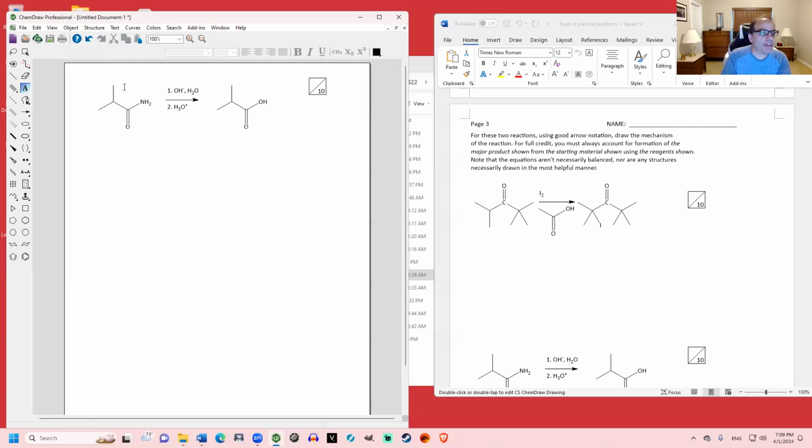So just like we've already said, we're in an alkaline medium. I know that because I'm given aqueous base. So that's an alkaline solution. And in an alkaline medium, typically we start with a nucleophilic attack on the carbonyl carbon.